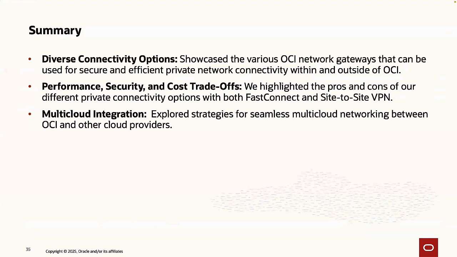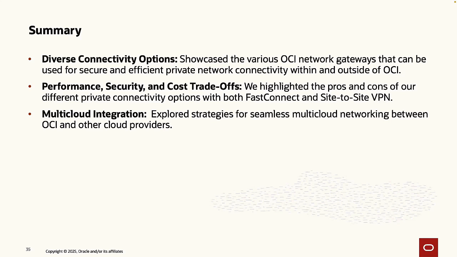Okay, so this concludes essentially the three different agenda topics we had at hand. Just to summarize, to start, we went through some of the diverse connectivity options by showcasing the various OCI network gateways that can be used to secure and create private network connectivity within and outside of OCI from those virtual cloud networks we built out.